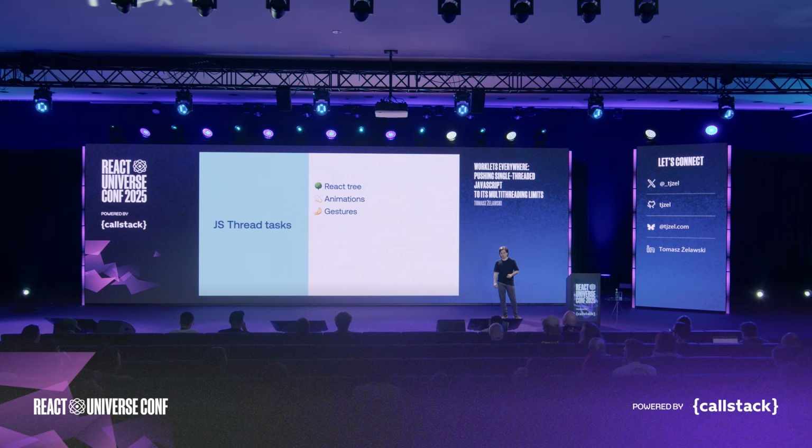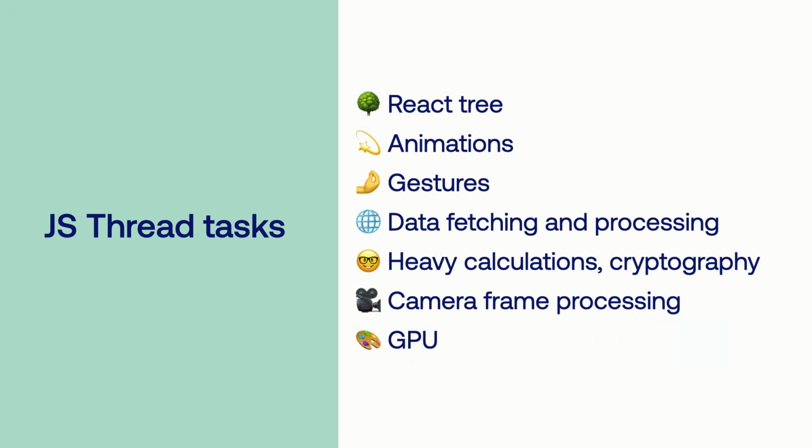Going to more general things, we have things like data fetching and processing, HTTP requests, general API calls. Sometimes we might have some heavier operations, cryptography, end-to-end encryption in chat apps. If we use a camera, we are probably using React Native Vision Camera for camera frame processing. And finally, we can also directly access the GPU with libraries like React Native WebGPU.